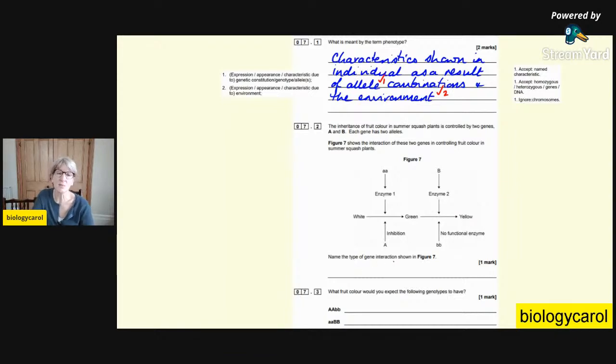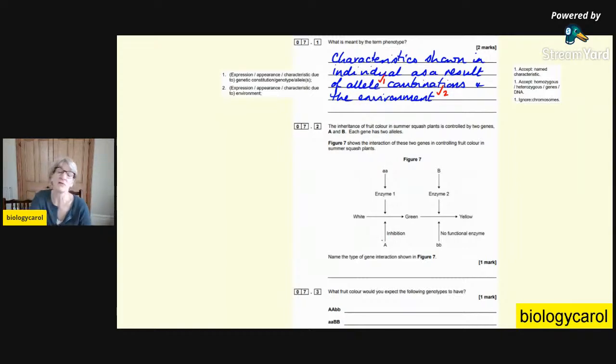Okay, name the type of gene interaction. Well, this is epistasis.